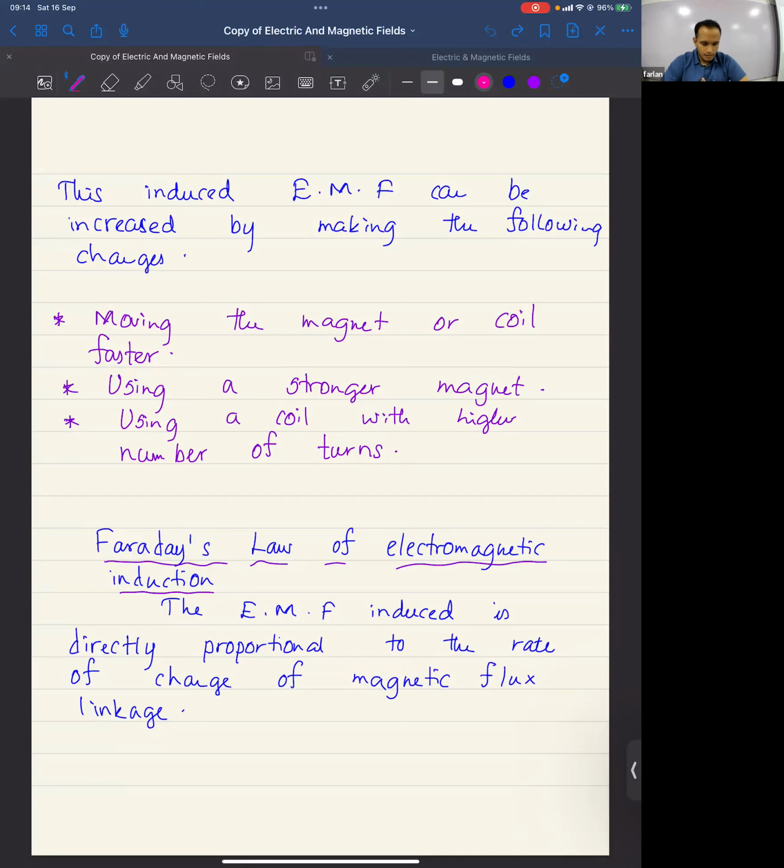The EMF induced is directly proportional to the rate of change of magnetic flux linkage.